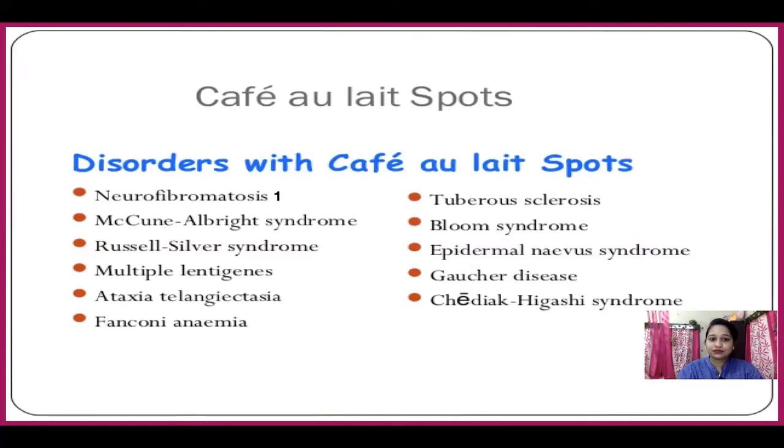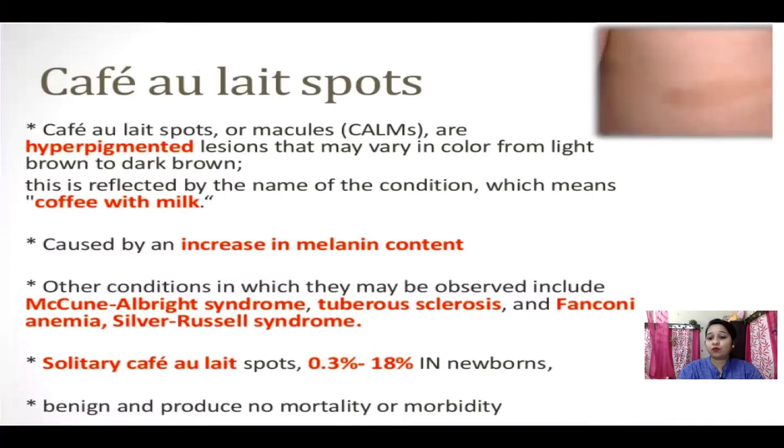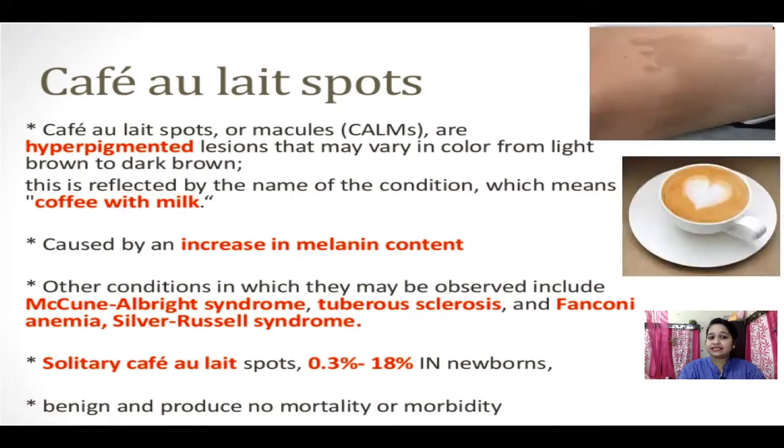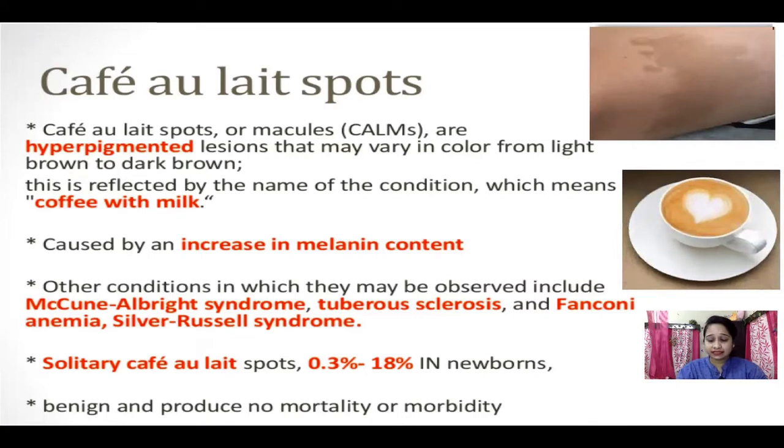All right. Before going to neurofibromatosis 1, a little bit about the café au lait spot: it's a hyperpigmented lesion that may vary in color, as I told, light brown to dark brown, exactly coffee in milk, just like the picture on the right side. What is the reason behind this?